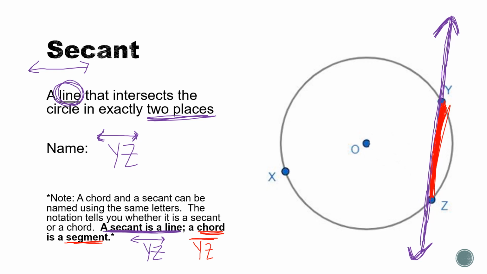Out of everything that you have written down so far, I would 100% highlight, star, do something with this note here because it's super important. I will tell you, chord and secant are some of the top ones that get confused, and it is all because of that notation with the arrows or without the arrows. So please, please highlight, star, do something to bring that to your attention.